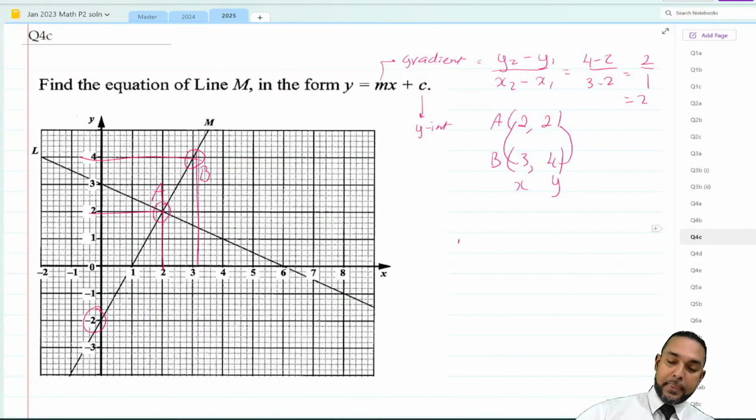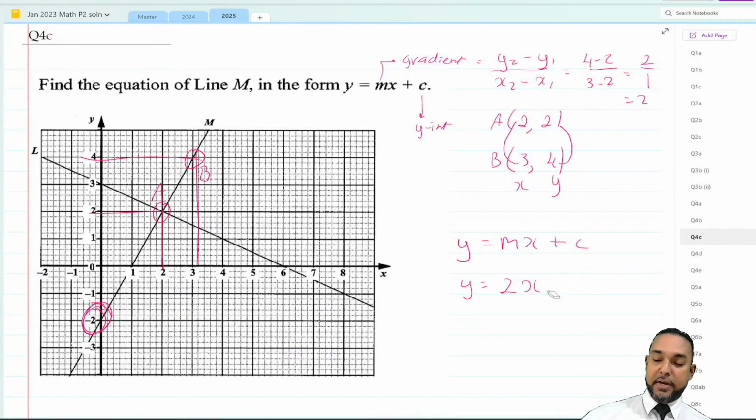So now, all we have to do is, using y equal to mx plus c, y is equal to the gradient m, which is 2, by x, and c is minus 2, because we know that from the first part of the question. That was the y-intercept.